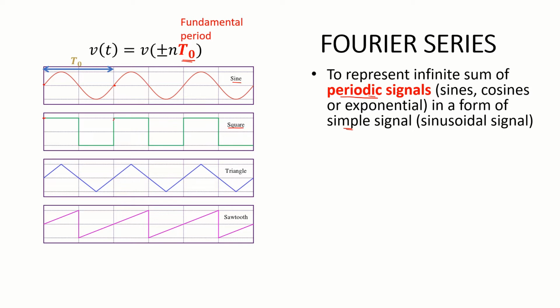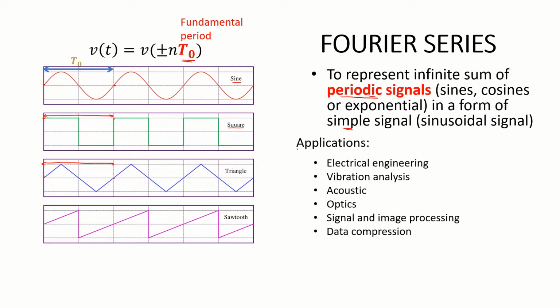So this is the T naught for the square. For the triangle, since it begins from here, it ends here. So this is the T naught, and the same goes for the sawtooth.